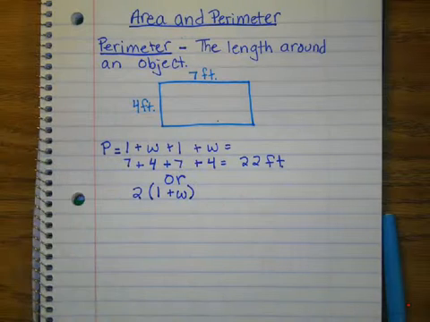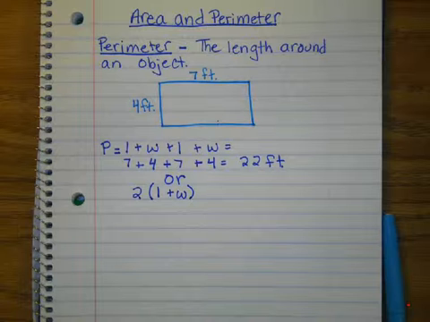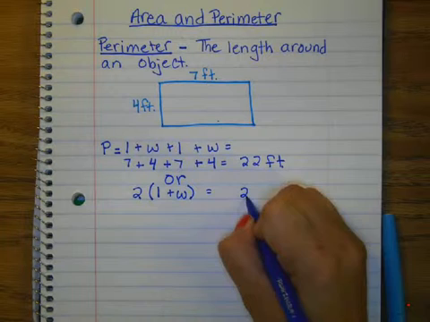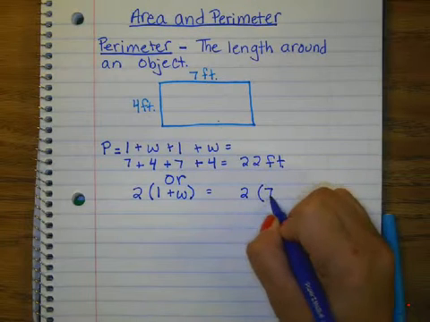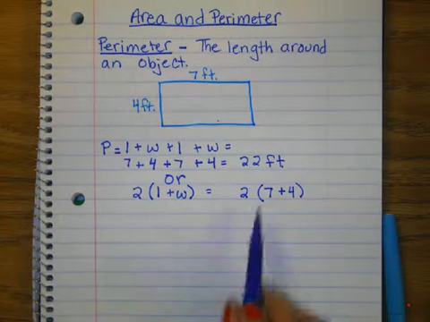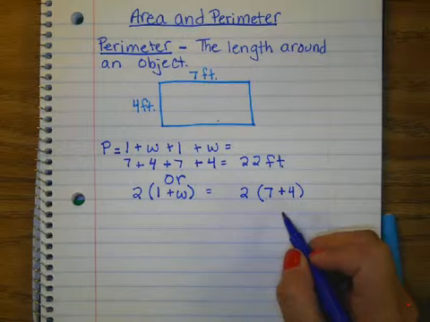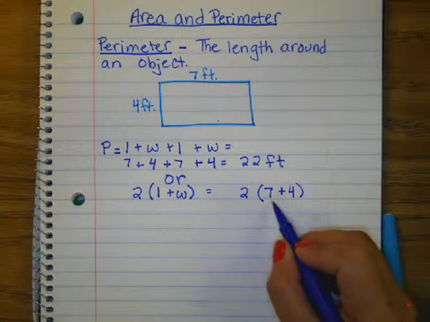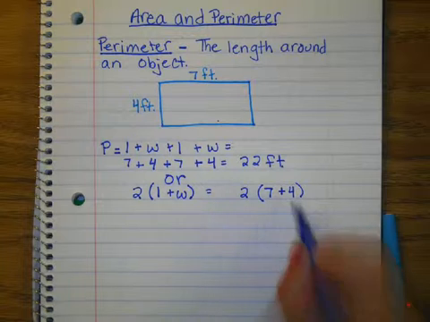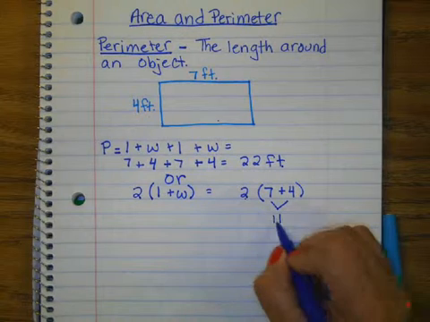And so what that would equal, I would have 2 times 7 plus 4. Everybody, 7 plus 4, not times 4. 11 times 2 gives us 22 feet. Okay.